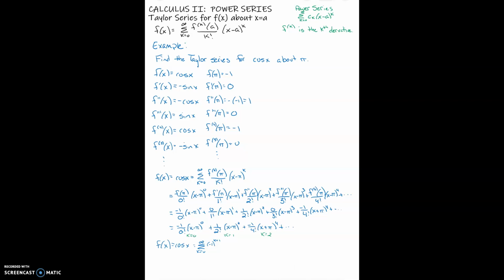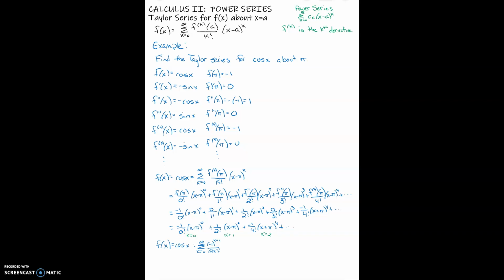So looking at that pattern, it should be easy to understand if I have just 2k factorial. Those look like even numbers, 0, 2, 4, so I'll write it as 2k. Of course, they're factorial, so it's 2k factorial.